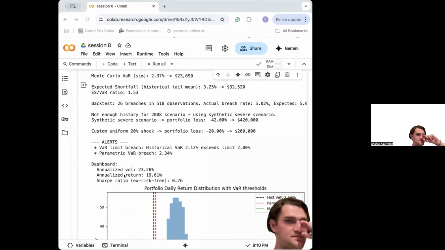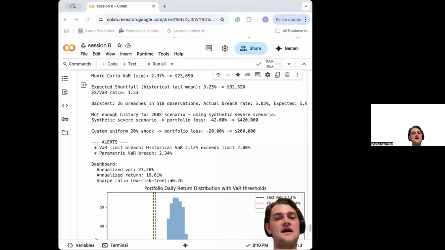So the dashboard, or Sharpe ratio justification. This basically shows us the annualized volatility, the annualized return, and the Sharpe ratio. If the Sharpe is high, like above 1, that suggests we're getting compensated for the risk we're taking.